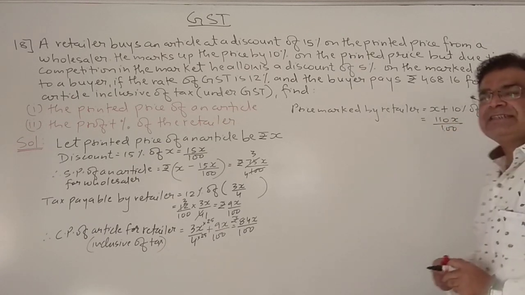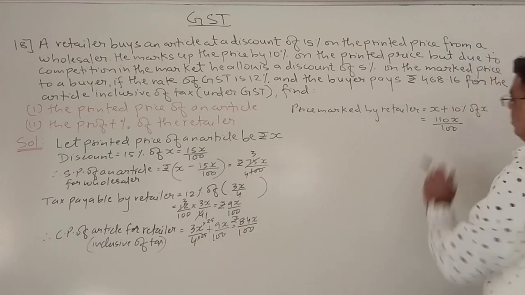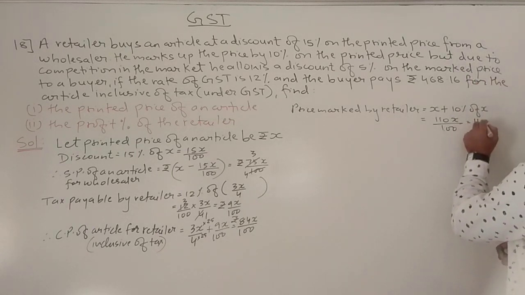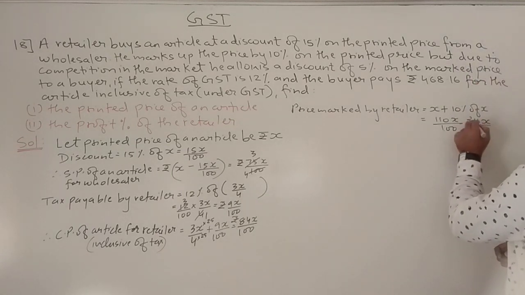When you calculate 10x upon 100, it will be 110x upon 100. So finally it will come to 11x upon 10.